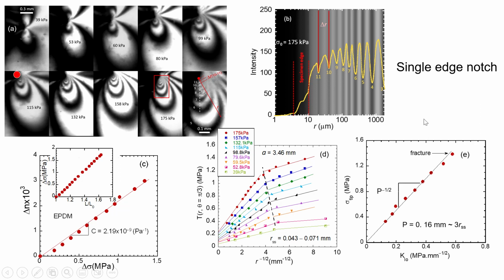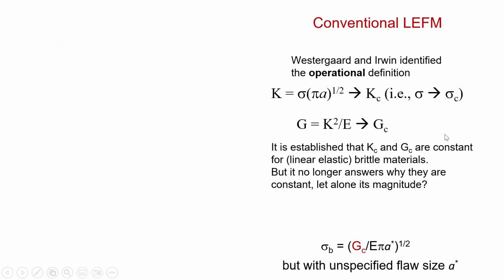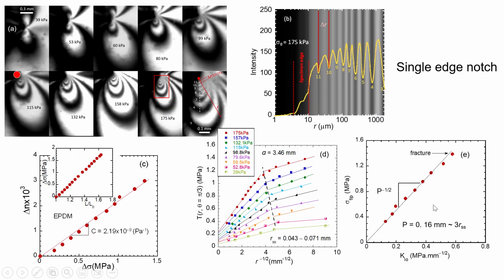For us, this is a new length scale because I will show you data. This scale is largely K independent, load independent. Therefore, it has nothing in common with the classical textbook plastic zone size, which should scale quadratically with K.